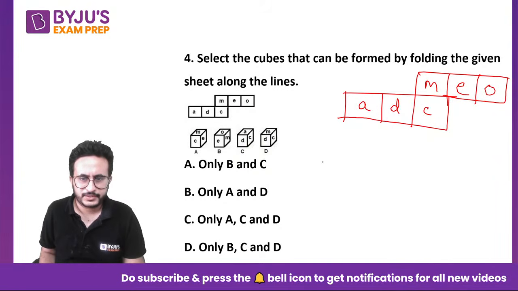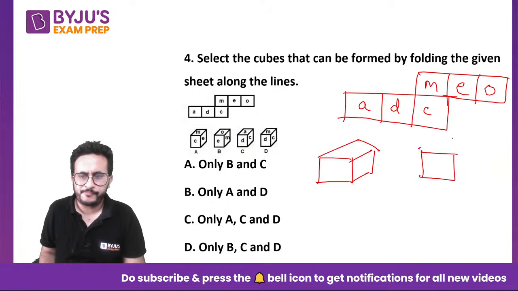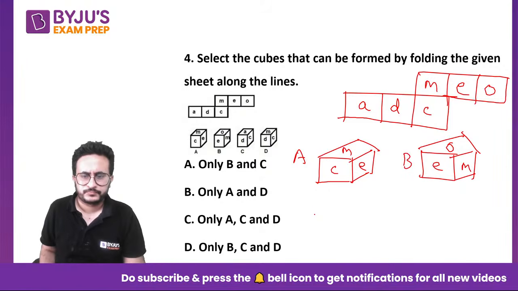Okay, and the cubes are in this order A, B, C, D. We need to tell which of the following can be formed by using this cube.